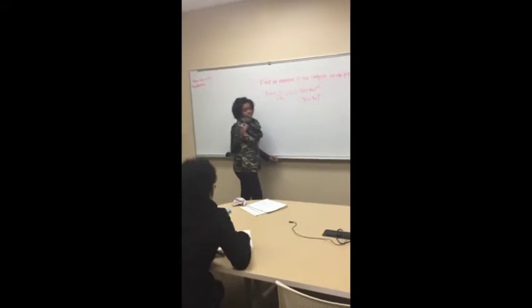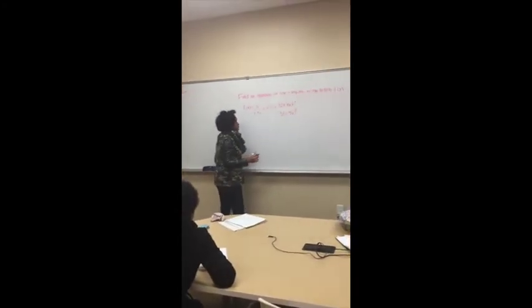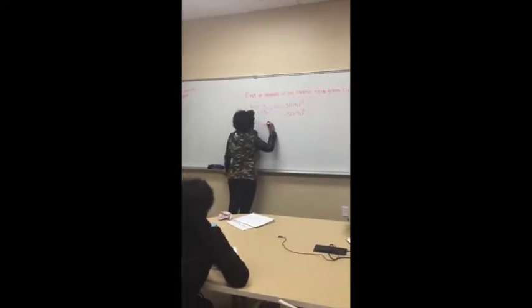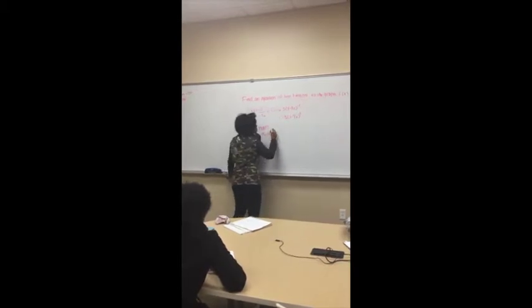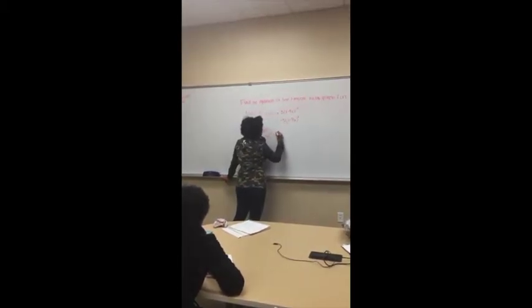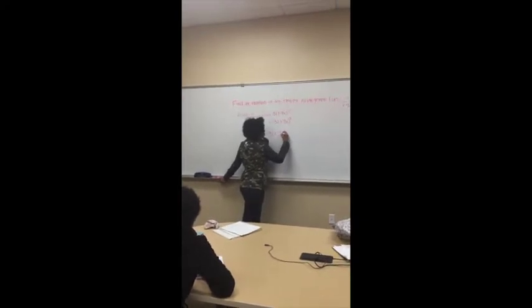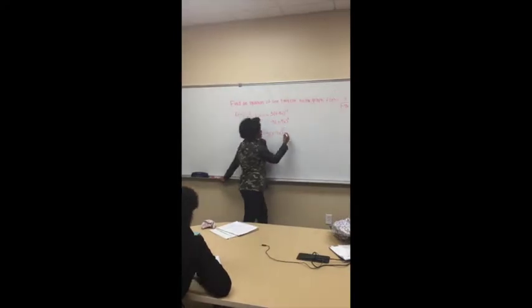So after doing the power rule, we're going to use the chain rule. The chain rule just tells you to keep this and take the derivative of just this right here.